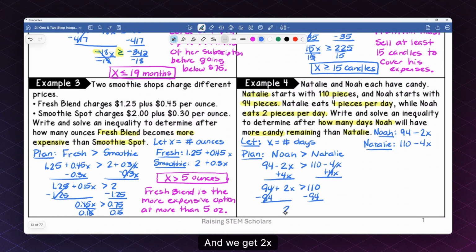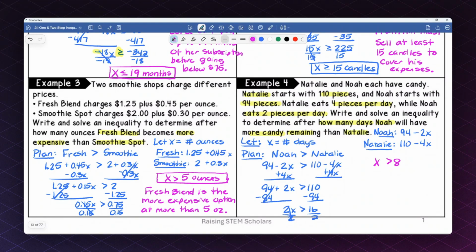And we get 2x is greater than 110 minus 94, which is going to give me 16. And so I am going to divide both sides by 2. And so I end up with x is greater than 8.